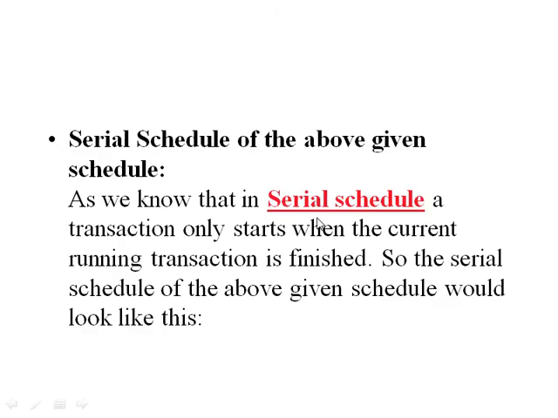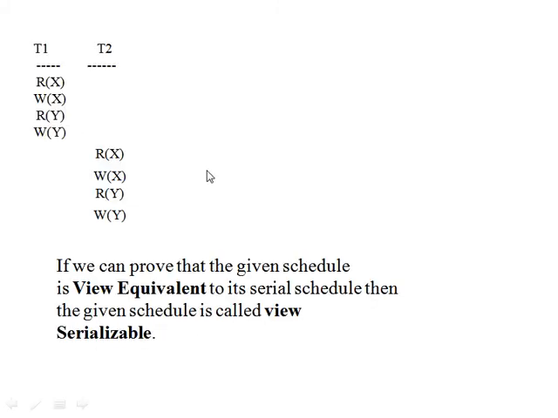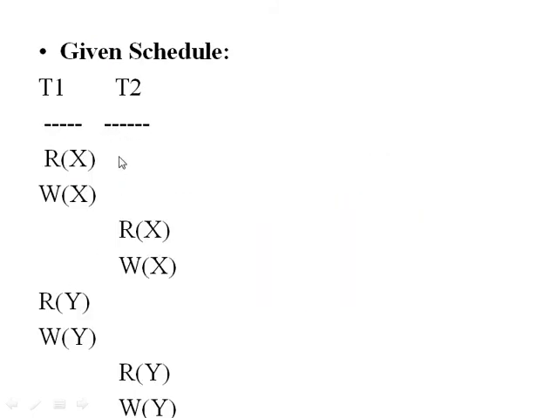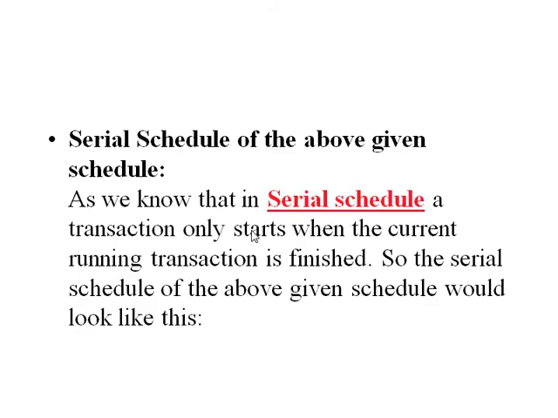The serial schedule of the above given schedule is like this. First we took an example schedule with concurrent transactions and interleaving operations. The same schedule we have transformed into a serial schedule. We know what a serial schedule is: a transaction only starts when the current running transaction is finished.